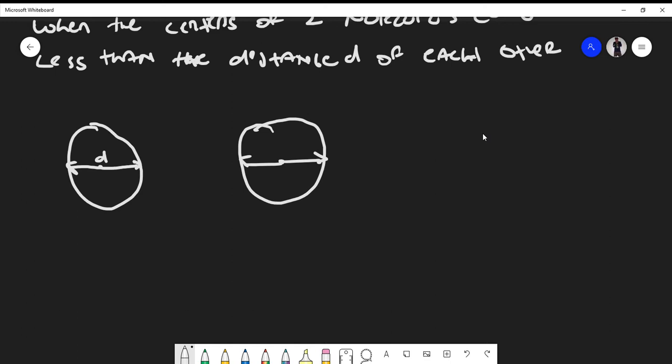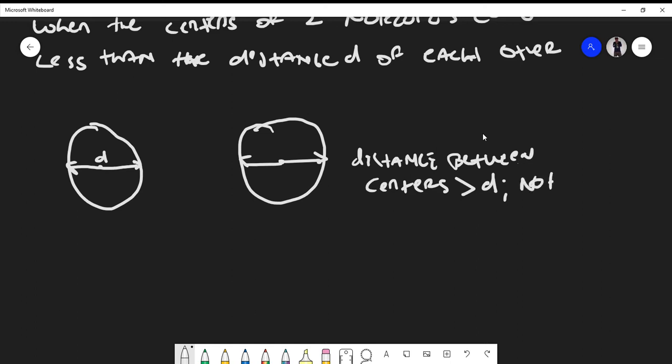The distance between the centers is actually greater than the diameter. So there's no collision occurring at this point, right? The distance between centers is greater than the diameter for each molecule, and so essentially this is not a collision.